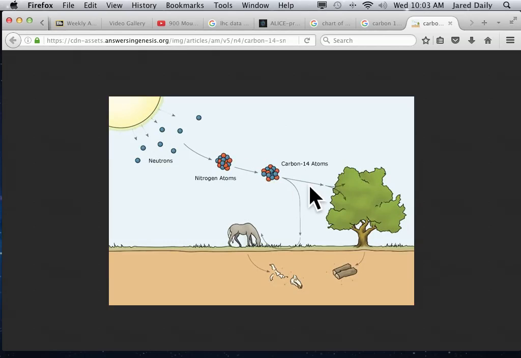As soon as a plant dies, it stops bringing that in. When do plants die? When something eats it, or when they're cut down to make things with, make paper with, or buildings with. As soon as they die, they stop bringing that in. And what happens to the carbon count in them when they die?